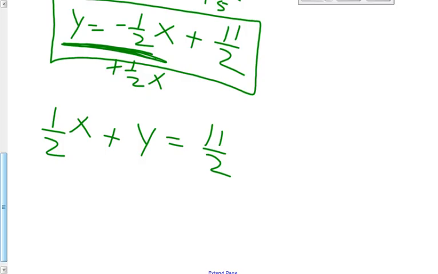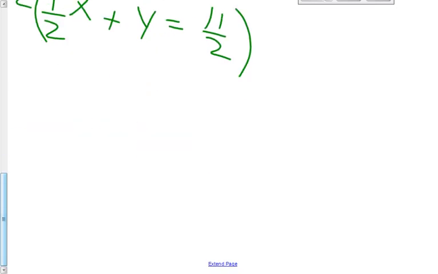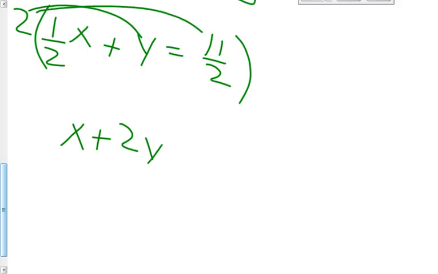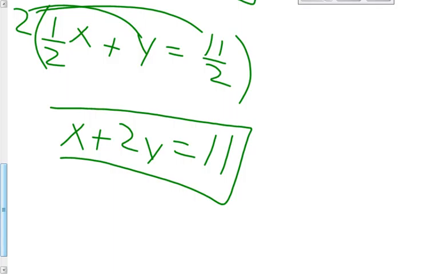And now let's get rid of these ugly fractions. No one likes fractions, so we're going to multiply by 2. A 1/2 times 2 is 1x. 2 times y is 2y, and 2 times 11/2 is 11. There we are, class.